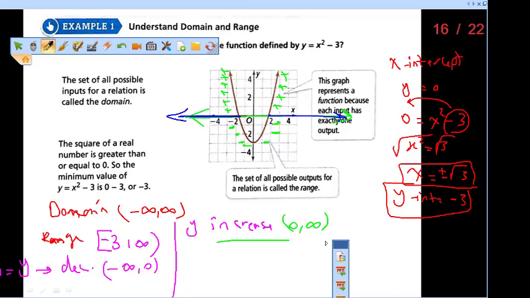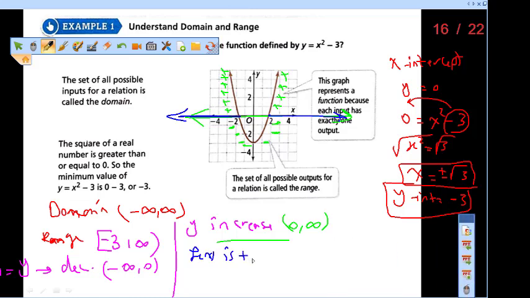How can I write it? f of x is positive from negative infinity until, what we said here, negative radical 3, union, sorry, I forgot to add the second part, which is radical 3 up to infinity.